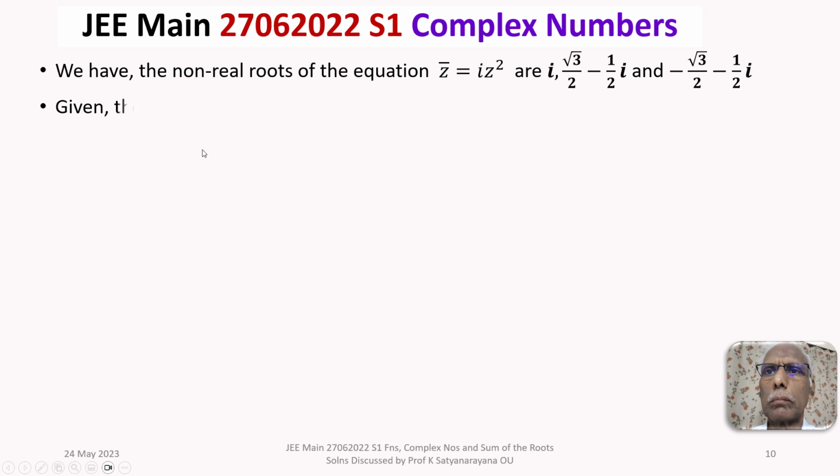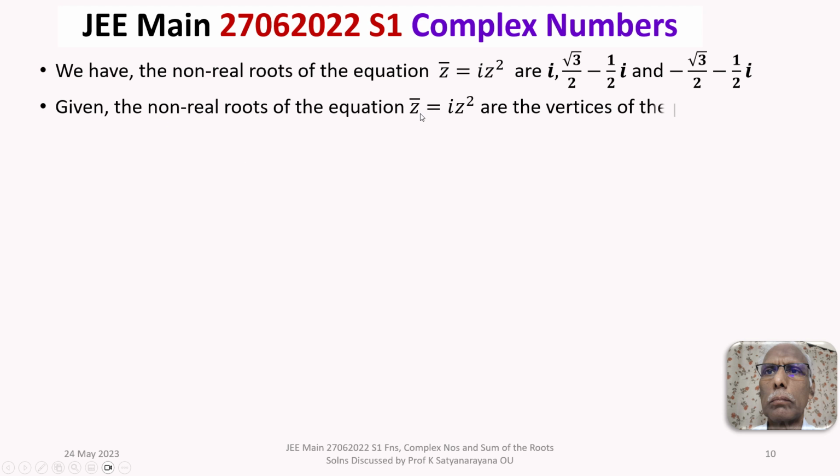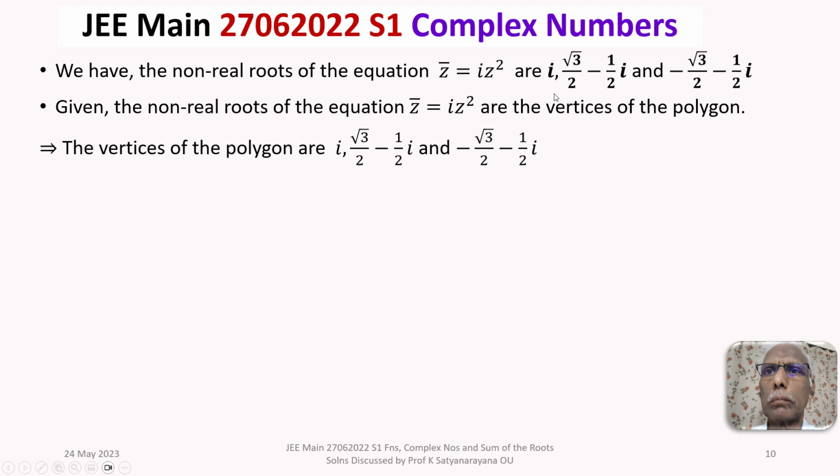And we are given that the non-real roots of this equation are the vertices of the polygon. So the vertices of the polygon are these three non-real roots, and these are distinct points. Therefore, this polygon is nothing but a triangle.